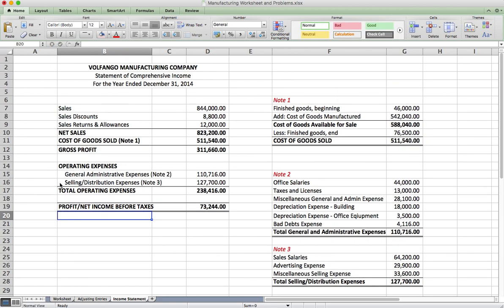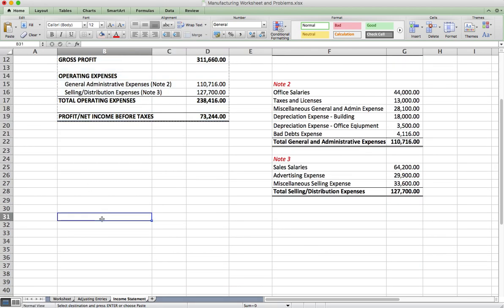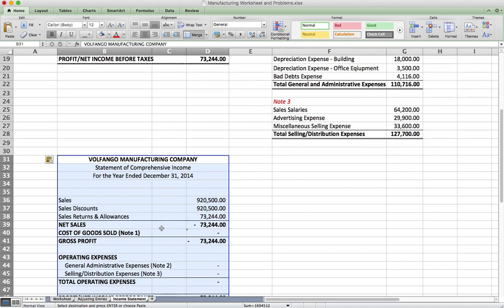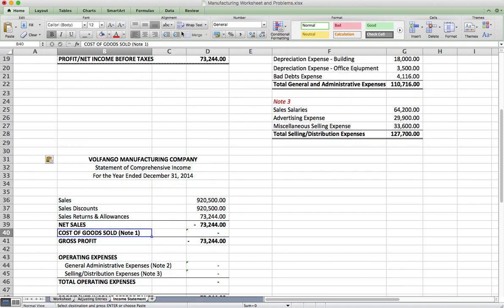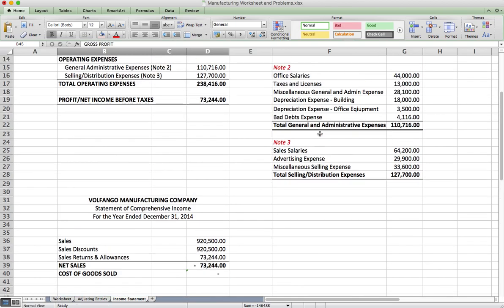Okay. So, this is our statement of comprehensive income. Pwede din naman, class, na mahaba. O di, kung gusto nyo ng mahaba, pwede din. Gawa tayo dito sa baba. Dito, diba? So, cost of goods sold, tanggalin natin yung note. Gawin natin. Lagyan natin dito. Si cost of goods sold.